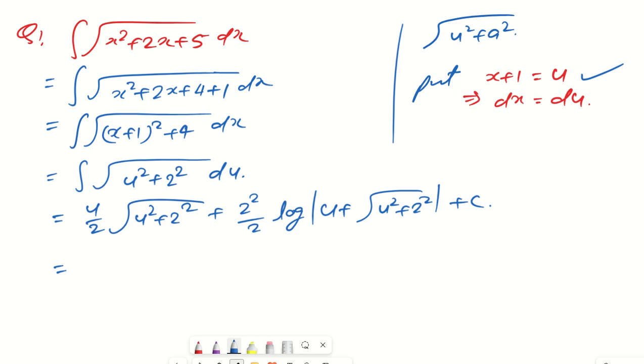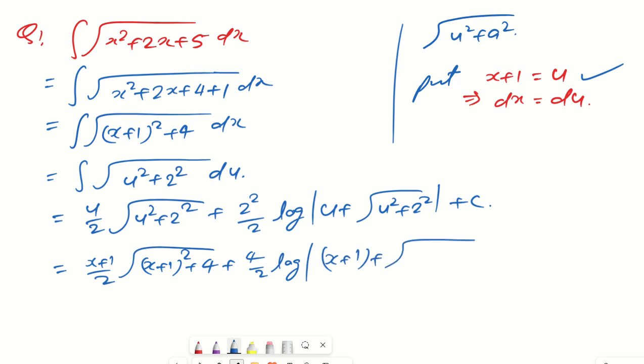So it can be written as x plus 1 by 2 square root of x plus 1 whole square plus 4, plus 4 by 2 log of x plus 1 plus square root of x plus 1 whole square plus 4, plus some constant c.